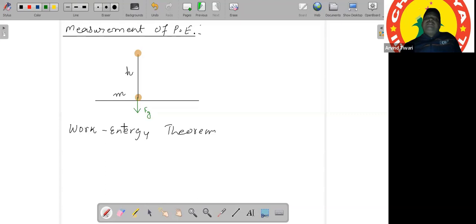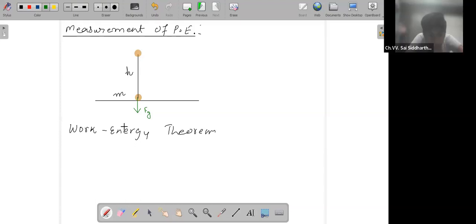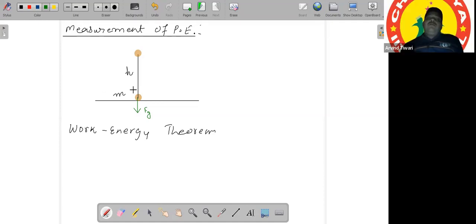I'm asking, is there any other name of this force which is acting on this mass? Friction? No, I'm going to lift it up. I'm just asking for another name for gravity.